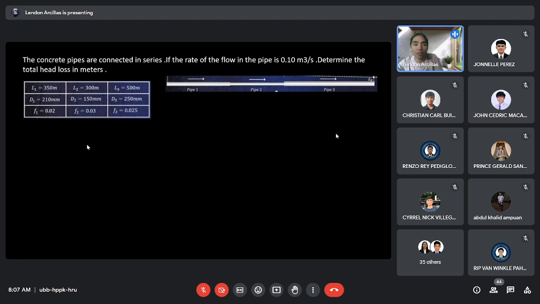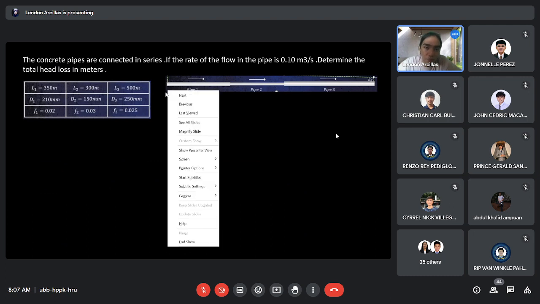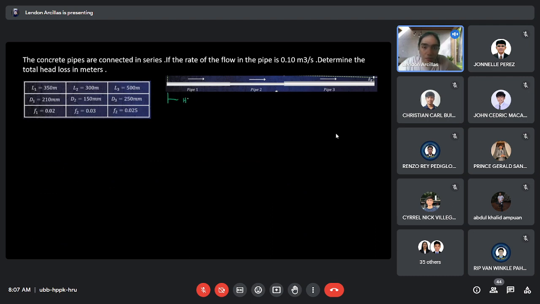Okay, so let's try to solve series type of problem. So, pag series, ano nga yun? The head loss at 1, the head loss at 2, then head loss of 3, ito total mo pa yan para makuha yung head losses. Okay? That is a series. But the Q1 is equal to Q2 and equal to Q3.